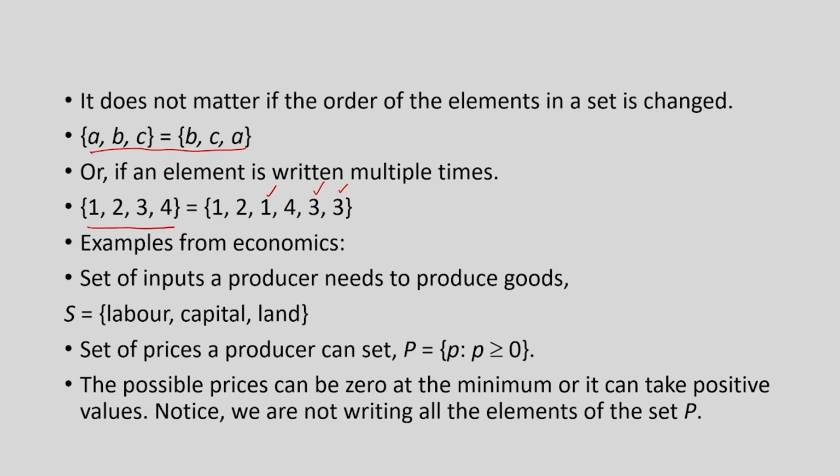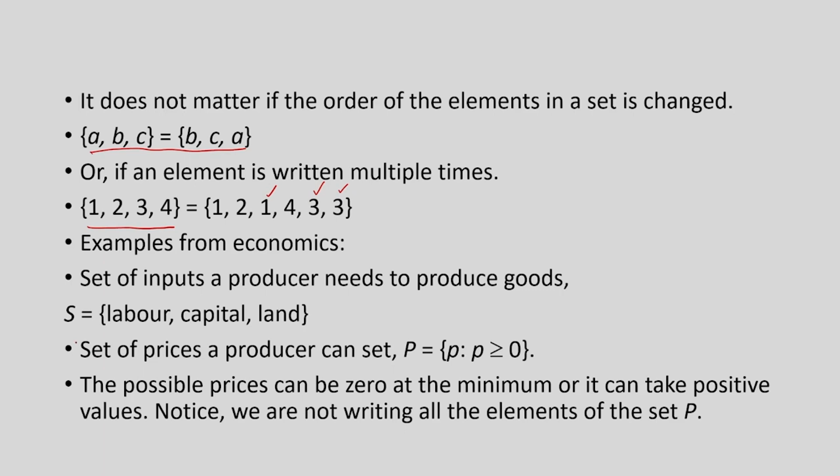As any elementary student of economics will find out, these 3 inputs are generally mentioned as the most critical inputs, and sometimes we also include entrepreneurship as the 4th important input. But these are the 3 most basic inputs: labor, capital and land. So, these 3 elements form a set and that set is capital S.